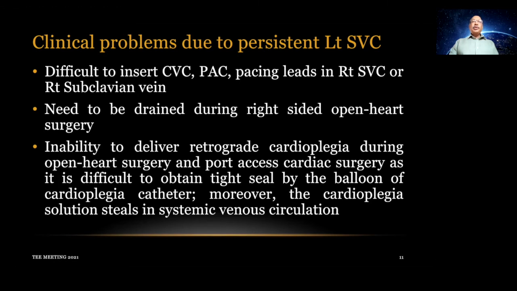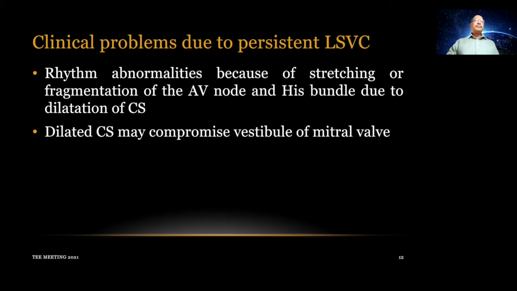Additionally, even if you find a tight seal between the balloon and the coronary sinus, the cardioplegia solution delivered would spread into the systemic venous circulation and it will not be really effective. So it is very clear that in the presence of a large coronary sinus with left SVC draining into it, it is not always a good idea to give retrograde cardioplegia.